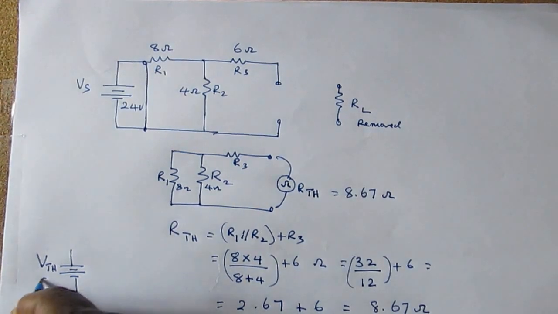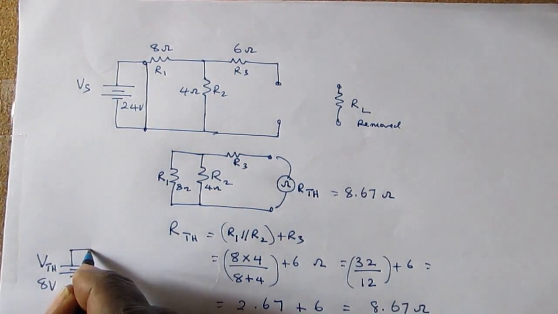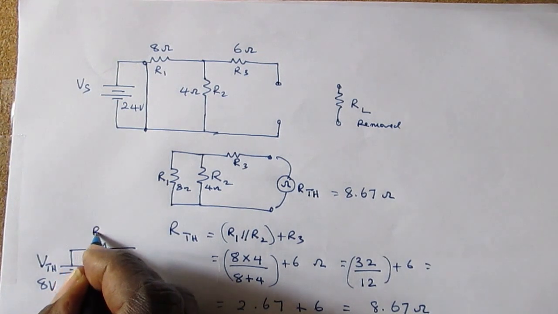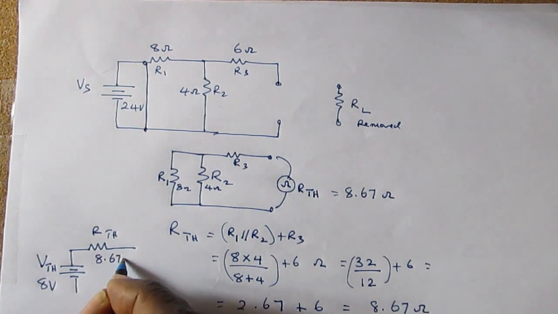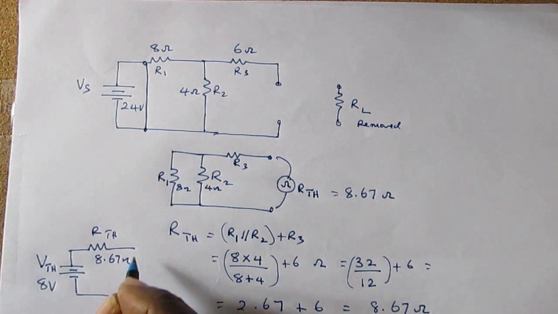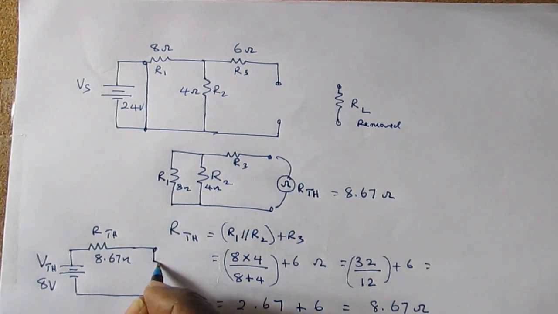So we write 8 volts. R Thevenin, we just calculated as 8.67 ohms, and we complete the circuit by drawing on the load resistor, which can be of any value.